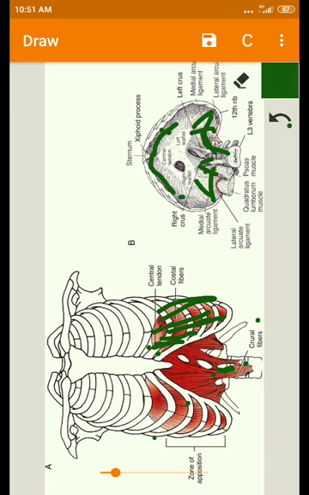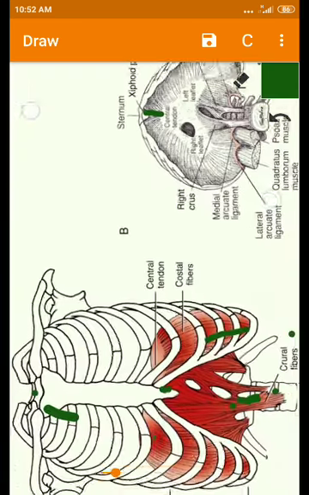Not only these ribs, it also gets some fibers from the xiphisternum. Some muscular slips attach to the posterior aspect of the xiphoid process. Here you can see the posterior aspect, and this is the anterior aspect.